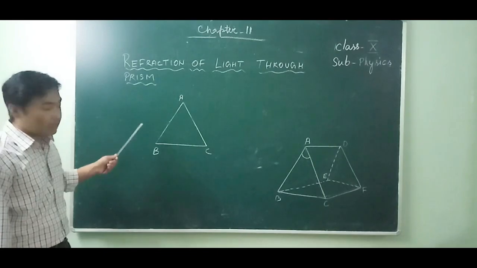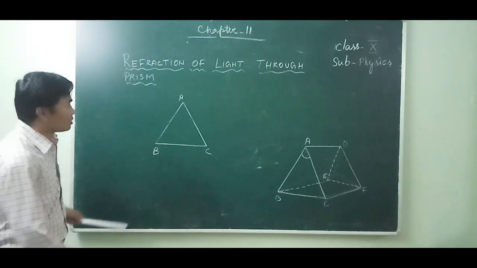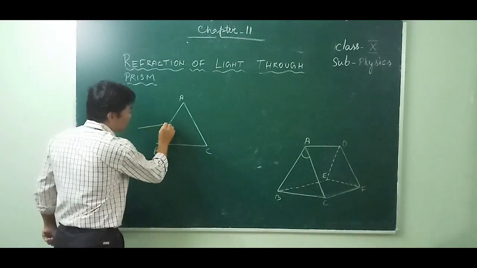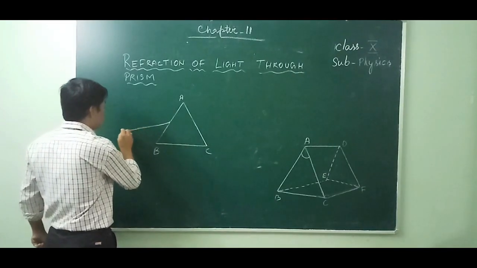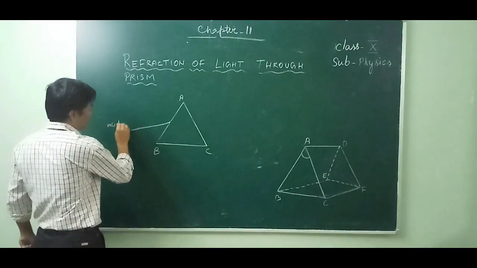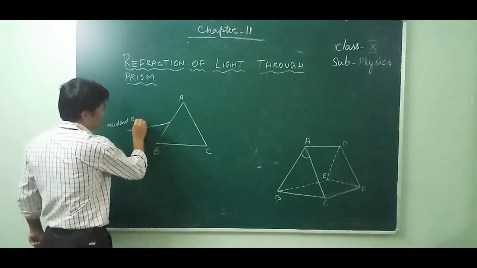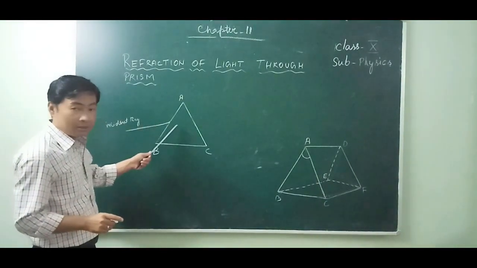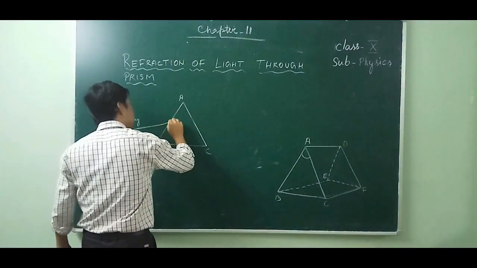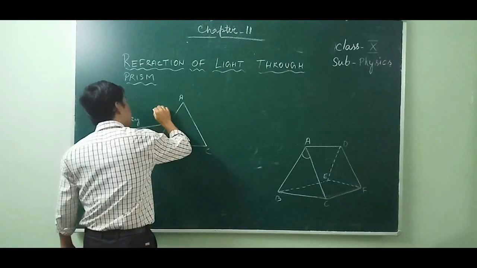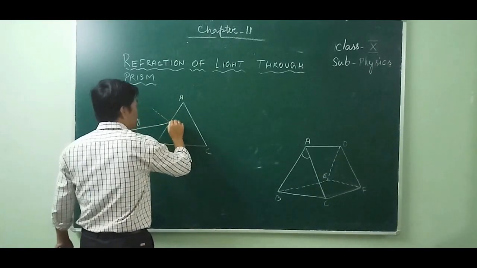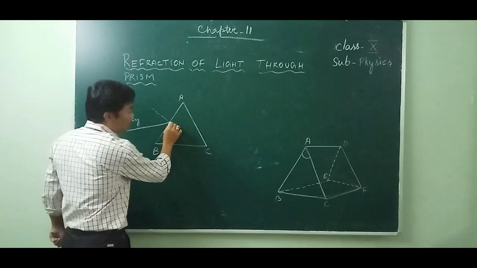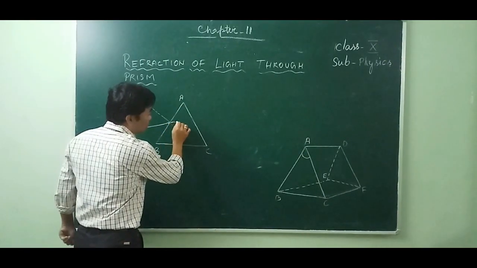When light rays enter from a rarer to a denser medium, let's see here. This is a light ray. This light ray is known as the incident ray. The light ray is traveling from the rarer medium to the denser medium. Now, there is a normal here on the refracting surface. The light ray bends towards the normal.